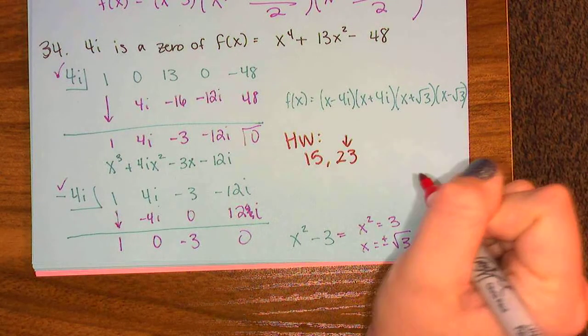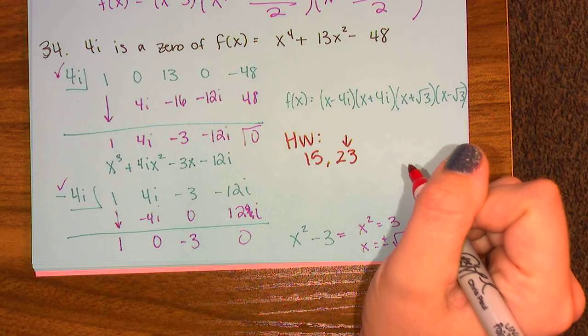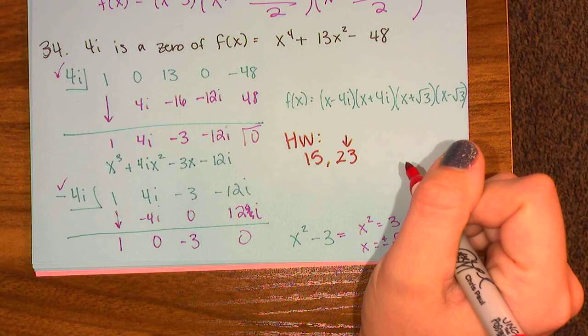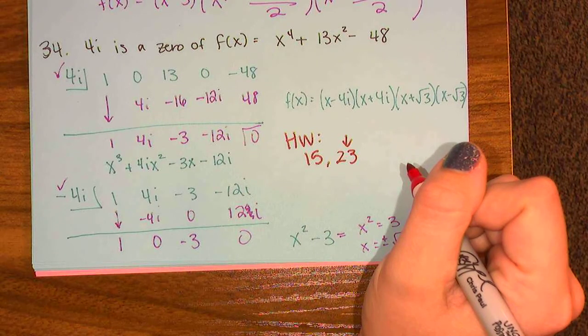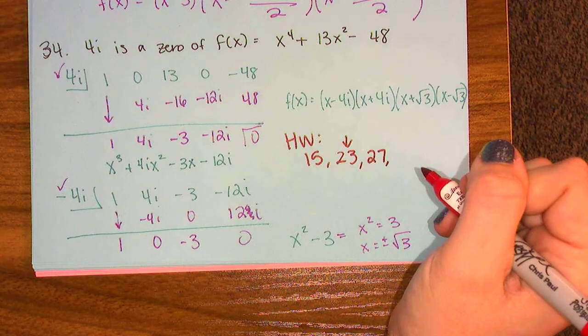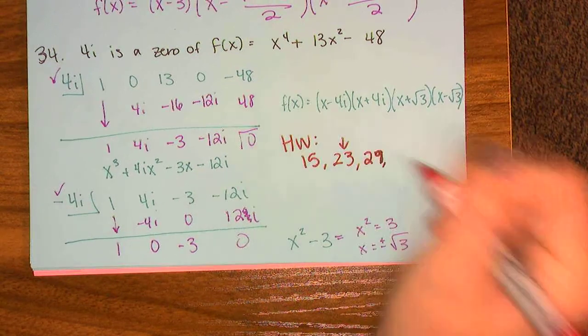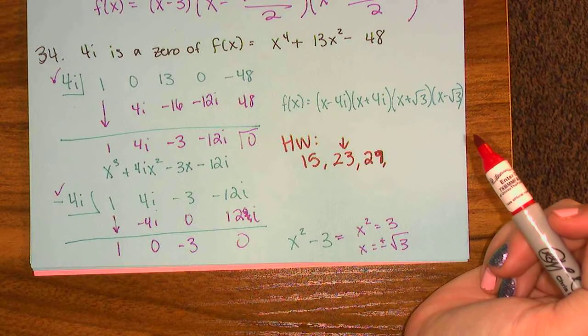And then 2, 5. I'm not trying to give you super hard ones right now because I don't want them to take you forever. Actually, make that 29. If you can do 29, you should be able to do any of them that I give you.